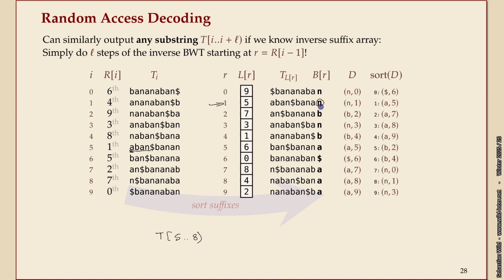It's not that N is the character we're looking for. We start, same as before with the dollar, 1 character before where we want to read. And from here on, we do the same decoding step as for BWT inverse. We could use the same sorted D. So it tells us we should go to position 5 here. So we output a B.